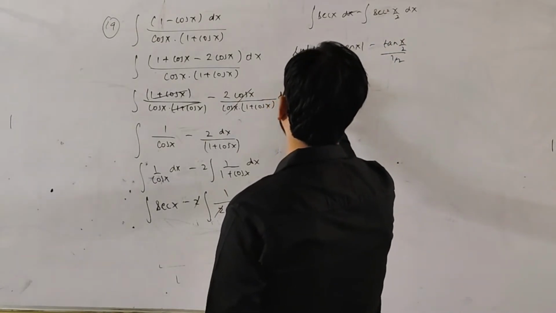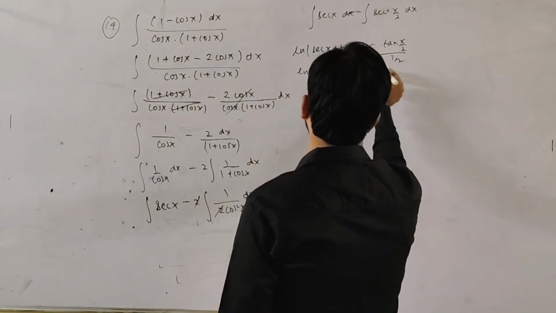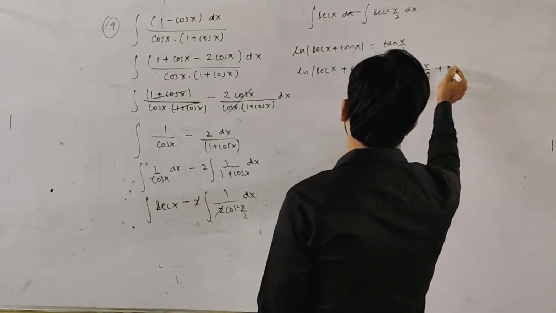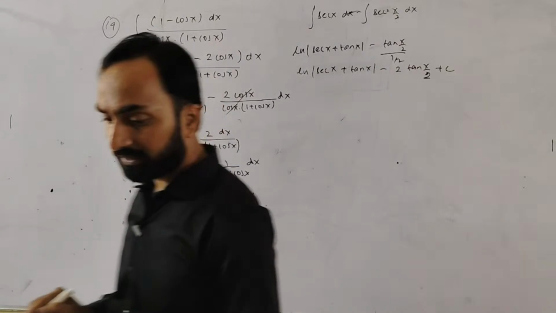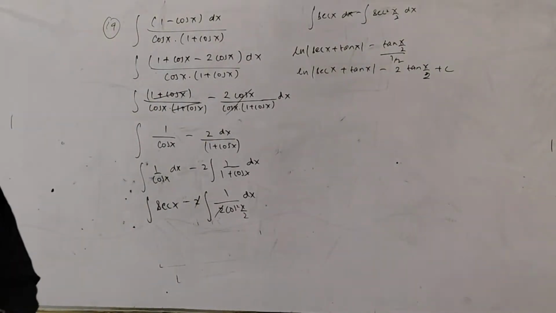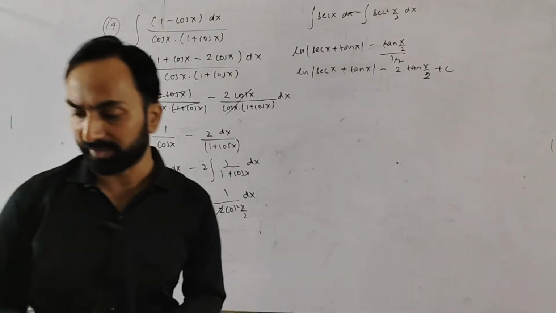This will become ln secant x plus tan x minus 2 tan x by 2 plus c. I think this will be the final answer, right?